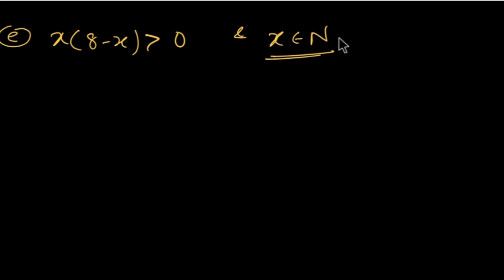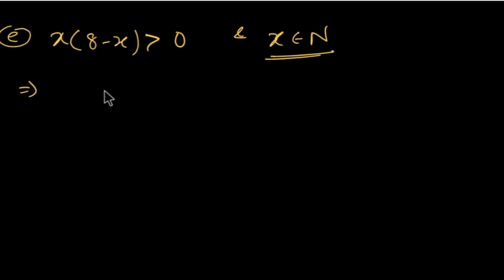This is x times (8 minus x) greater than 0, and here one thing is there: x belongs to natural numbers. So there are two factors, and you will be able to understand how to evaluate this.